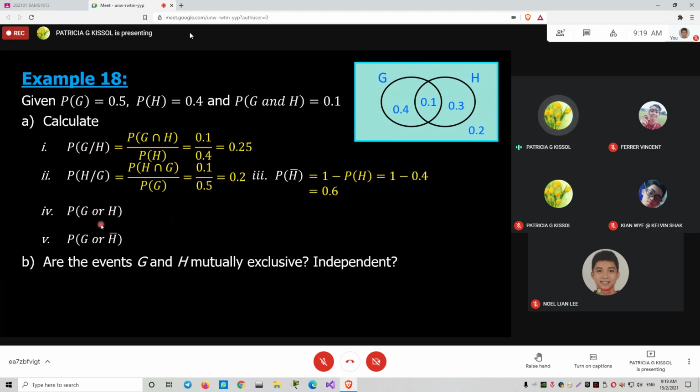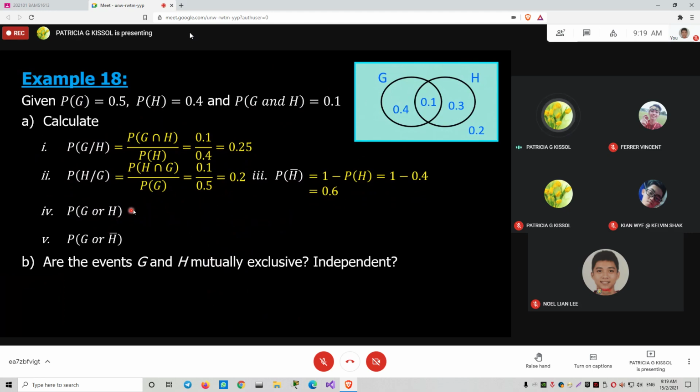Then we go on to the addition rule, which is finding the probability of G or H. Now, or has the same meaning as union. That means I want to find all this area inside the bracket.